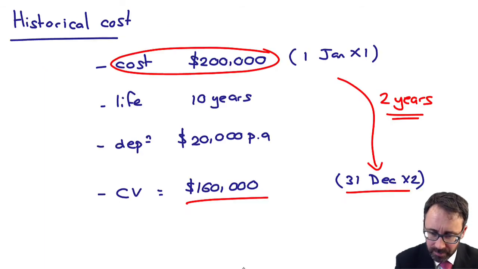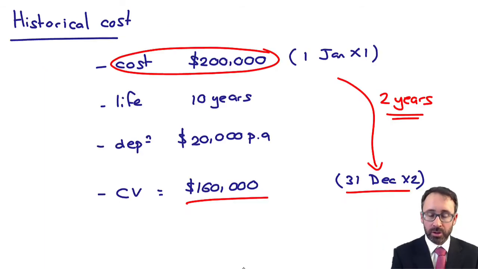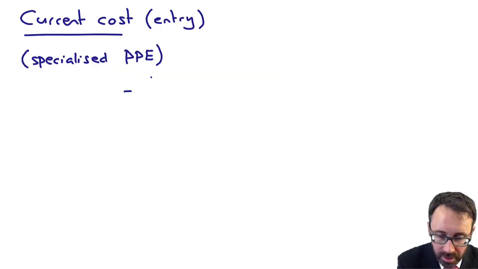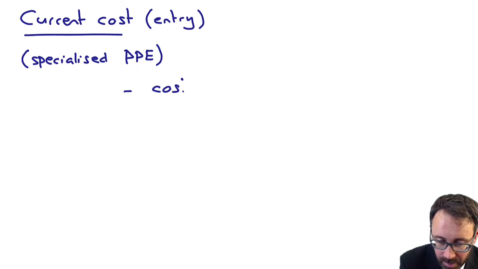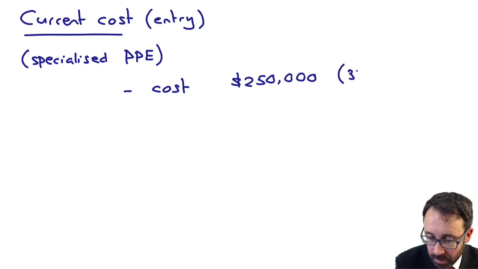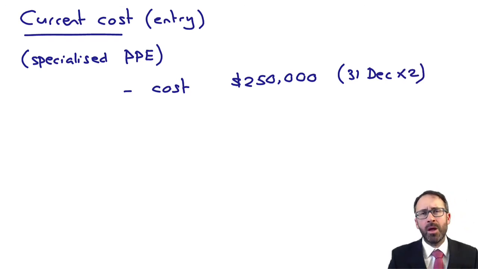Just double check. There we go. January X1, it cost 200,000. Based upon current cost, let's just say now that the cost to buy that specialized asset would be 250,000 on the 31st of December X2.